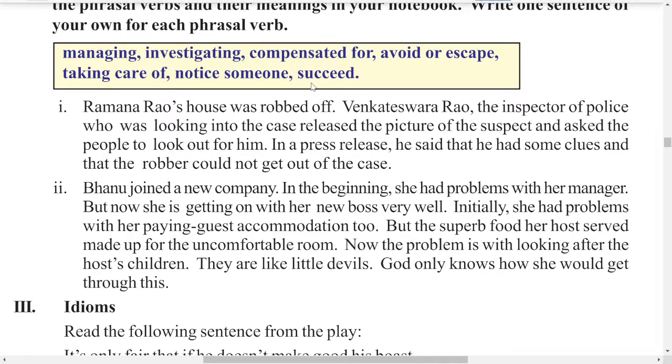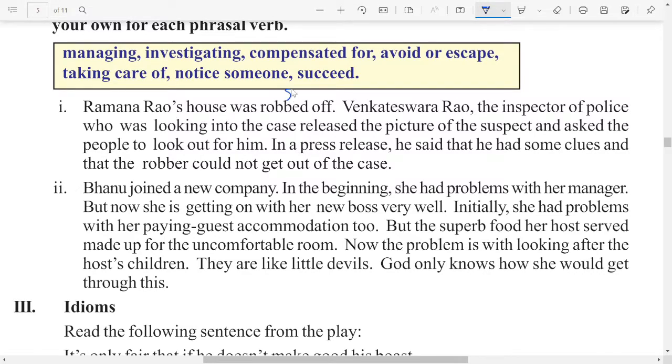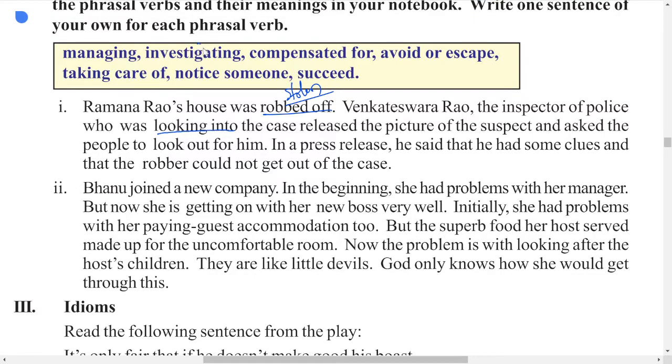Robbed of means stolen, but that meaning is not given. Okay, robbed of is a phrasal verb, and the meaning is stolen. Next one: Venkateshwar Rao, the inspector of police, was looking into. What do you mean by looking into? Looking into means investigating. Look into is in the sense to search or to investigate the case.